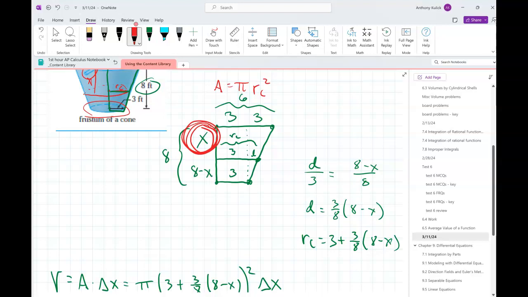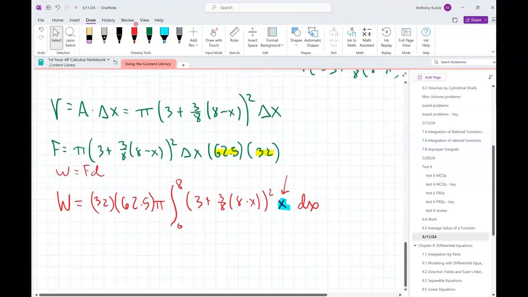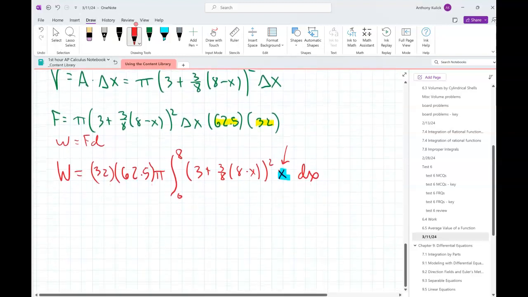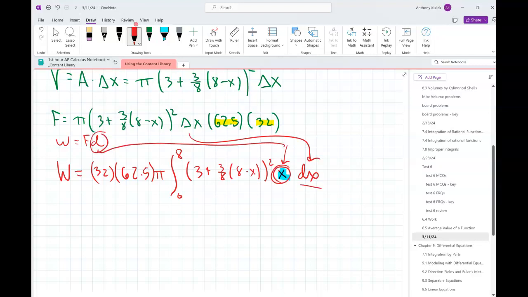Does that feel okay? So is the change in x the x, or is it the dx? The change in x is the dx. This x is the distance from the force equation. Maybe I misunderstood what Jacob was asking. I thought I had the right answer for that. No, I think you're right. Okay.